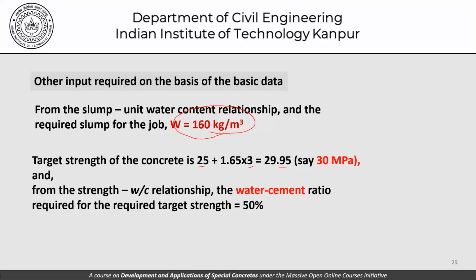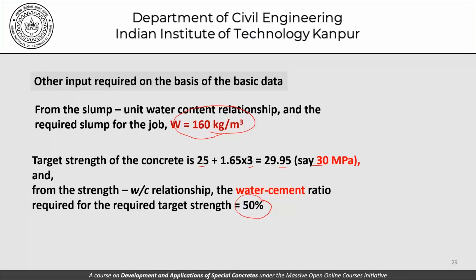And from the strength water cement ratio relationship, for this strength, it should be known that what is the water cement ratio we need. For example, in this case, it is known, or I have assumed, that for this strength, we need a water cement ratio of 50%.